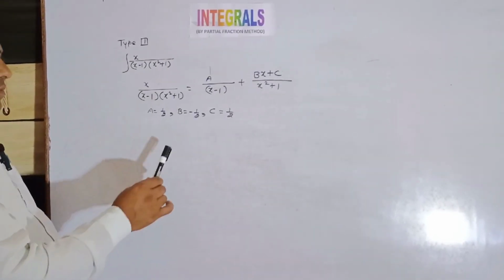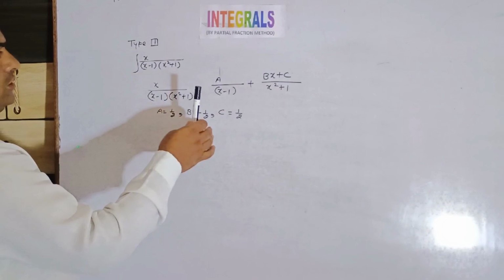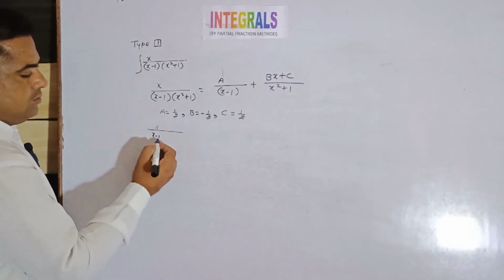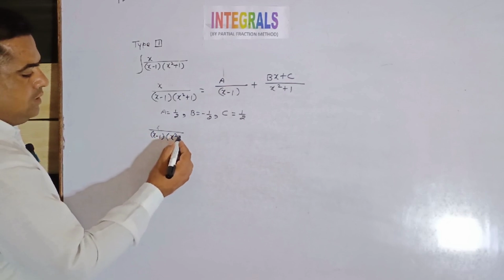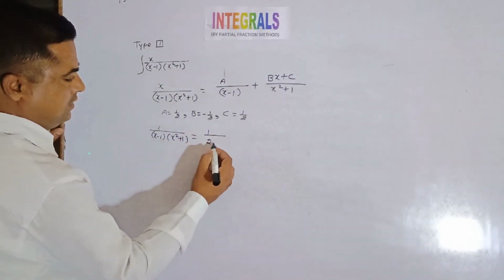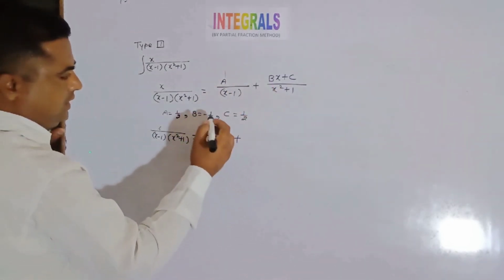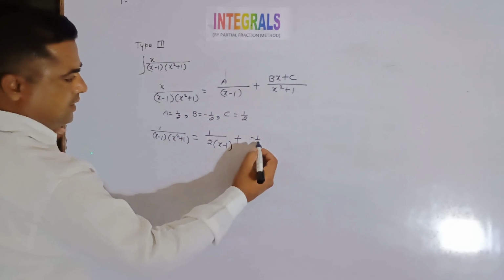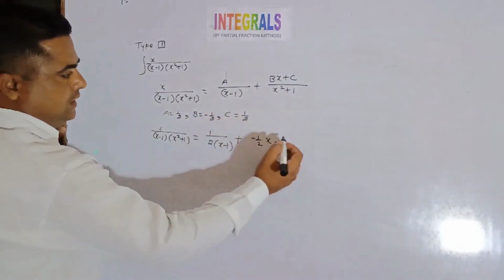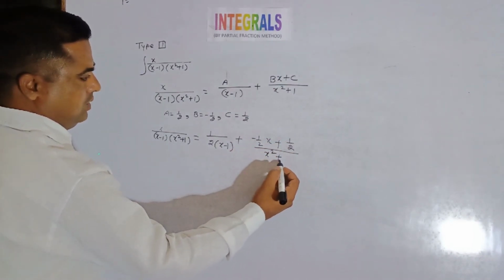Students, now A is equal to 1 by 2, B equals minus 1 by 2 and C is equal to 1 by 2. We will put all the values in this equation. So we will get x over (x minus 1)(x square plus 1) is equal to the value of A, which is 1 by 2, over x minus 1, plus the value of B, which is minus 1 by 2 x, plus the value of C, which is 1 by 2, over x square plus 1.